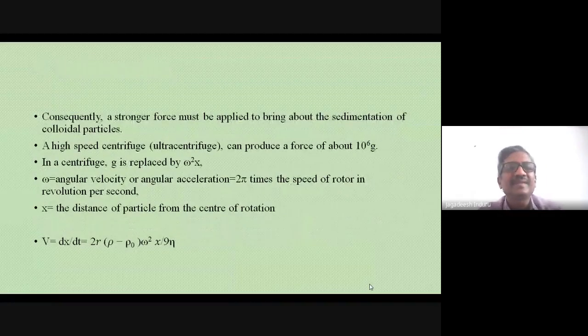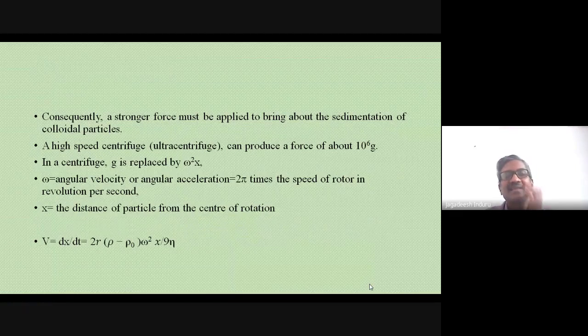A peculiarity of colloids is you don't find a sediment easily. That is the reason you apply an ultracentrifuge, which has 10 to the power of 6 times more force than the gravitational force. So if the centrifugal force is dominating, you are going to have a sedimentation formed.